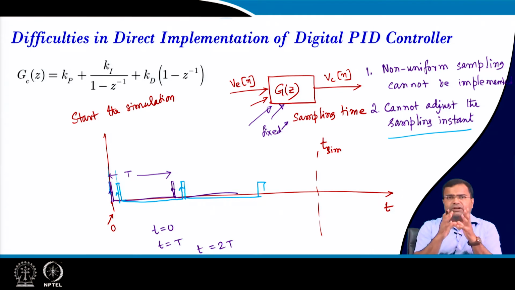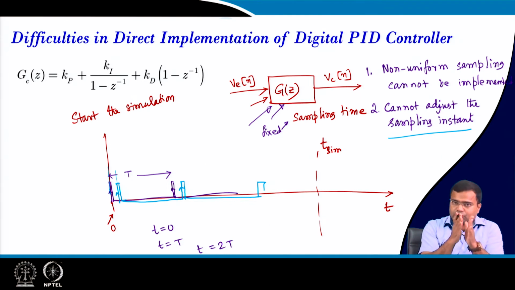Let us say if you go to the data sheet of any A to D converter, we need to understand that when you send the sampling clock, it will take time to convert the data. So you should provide sufficient time for the ADC conversion to happen, as well as the controller computation, and only then will you start the clock.